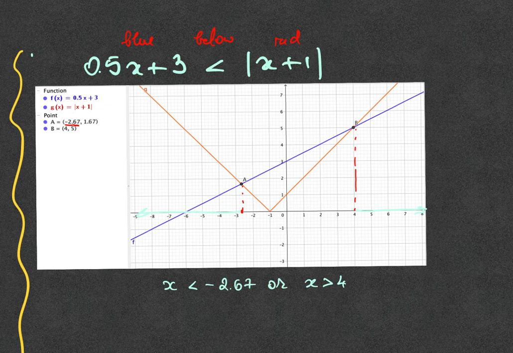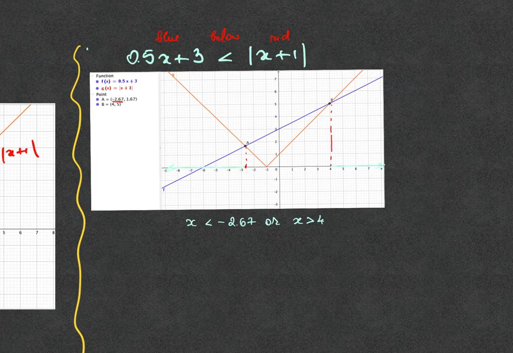However, if you want to solve the inequation 0.5x plus 3 is bigger than absolute value of x plus 1, you want the blue one to be above the red one, and you can express it in one single double inequality, because in this case your x is going to be here.